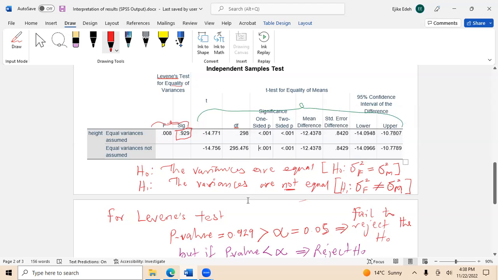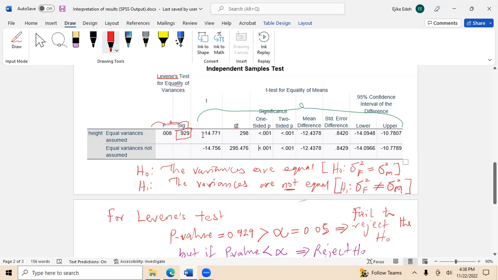All right, so on this output, for example, during your assessment, your finals, I could give you this output and ask you to determine whether the variances are equal or not. So based on the output, you want to focus on the Levene's p-value. If the p-value is greater than 0.05, then you're going to fail to reject H0. And H0 is saying the variances are equal, so if you fail to reject it, then you are assuming they are equal.